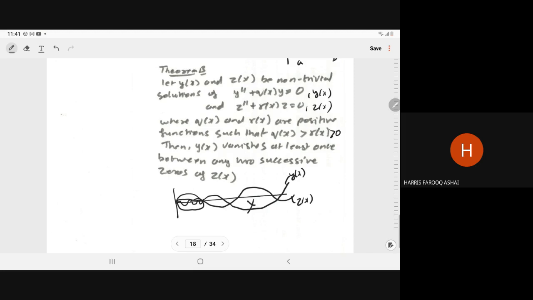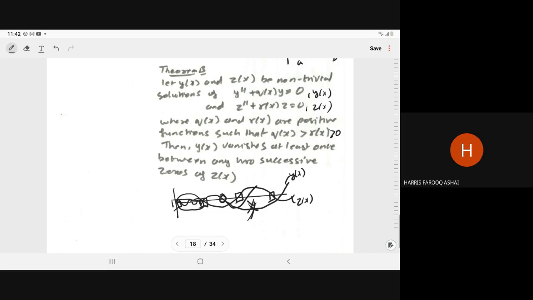We can have one zero of y between two consecutive zeros of z, but you can never find that between two consecutive zeros of z there is no zero of y. After this it is not possible. It has to pass through this. That is the Sturm comparison theorem.